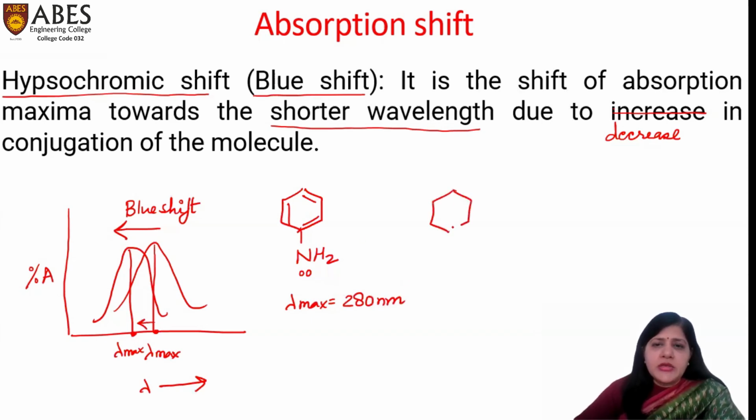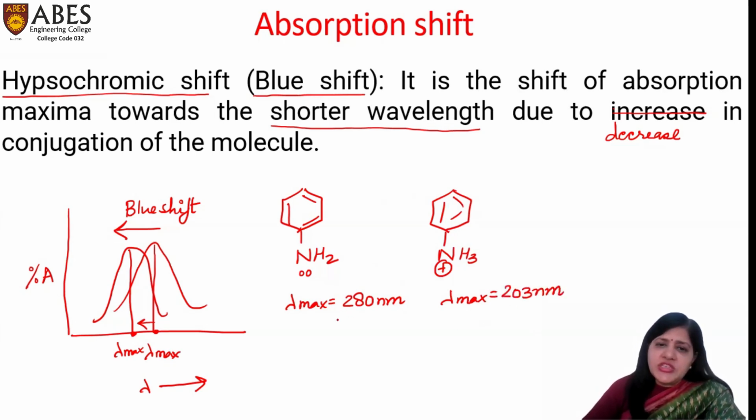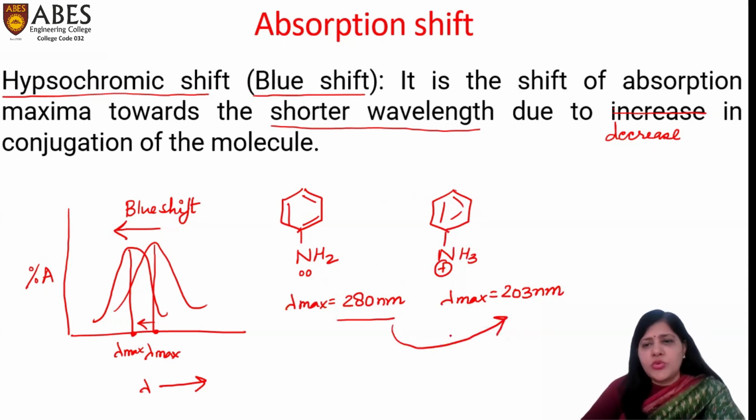This is the anilinium ion, which shows absorption maxima at 203 nanometer. This is the shift of absorption maxima towards the lower or shorter wavelength, and this is known as blue shift.